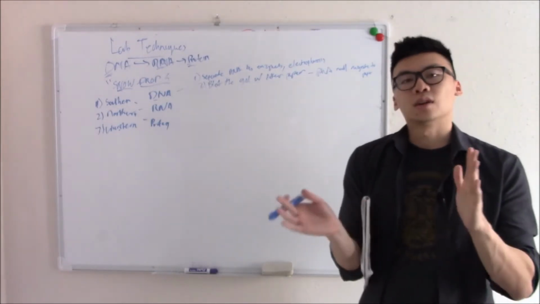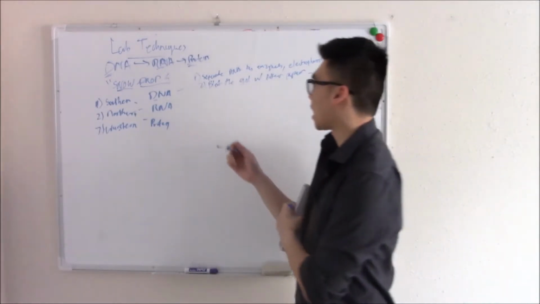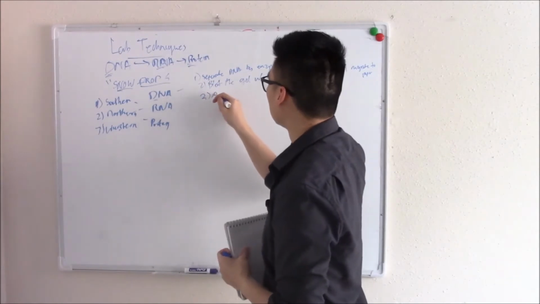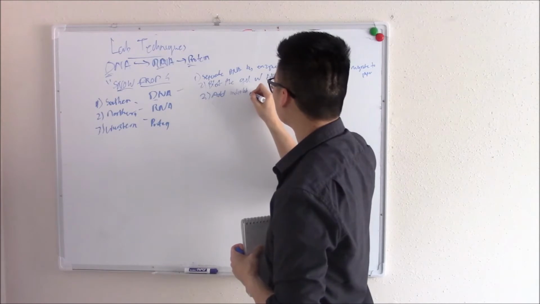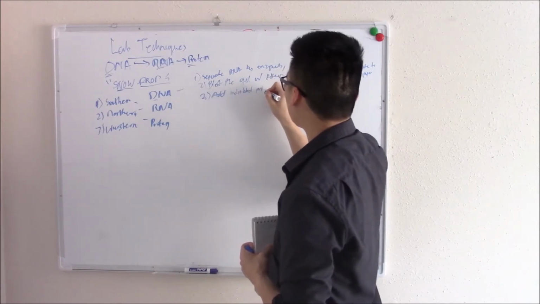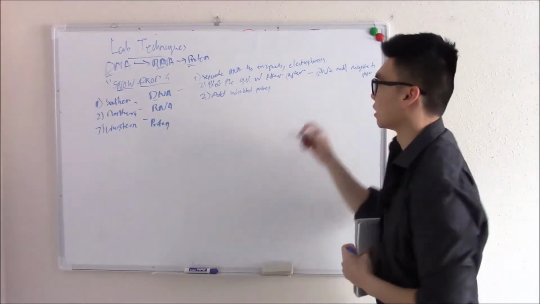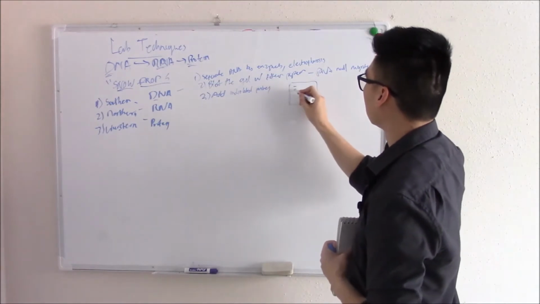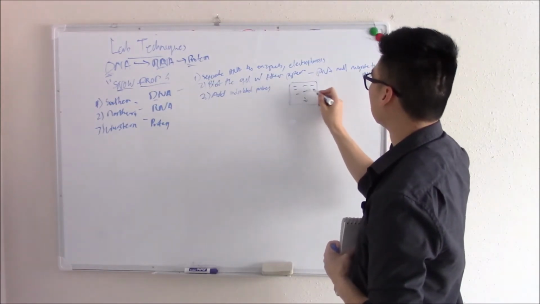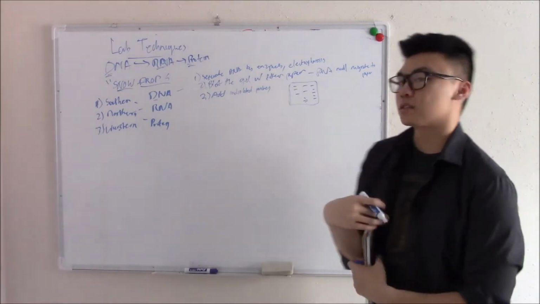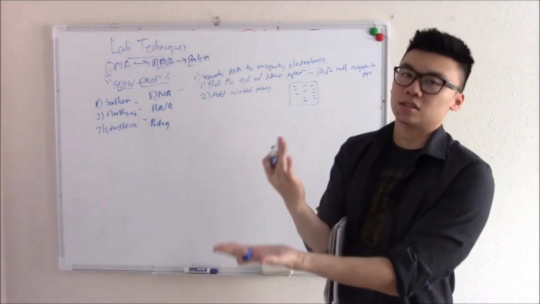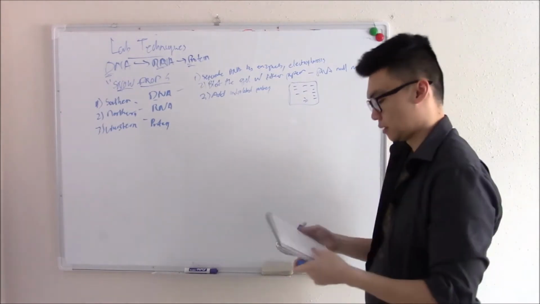And once it's on that paper, then you can add radio-labeled probes to that paper. And it will light up on imaging or X-ray. So you have a paper that looks like this, and all those separated DNA segments will light up. That is your Southern blot. Now you know why they call it blot, because you just basically blot it.